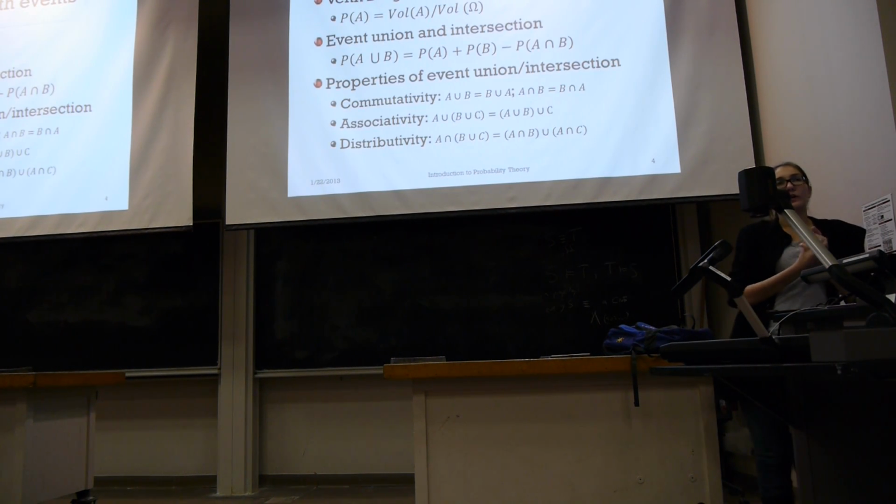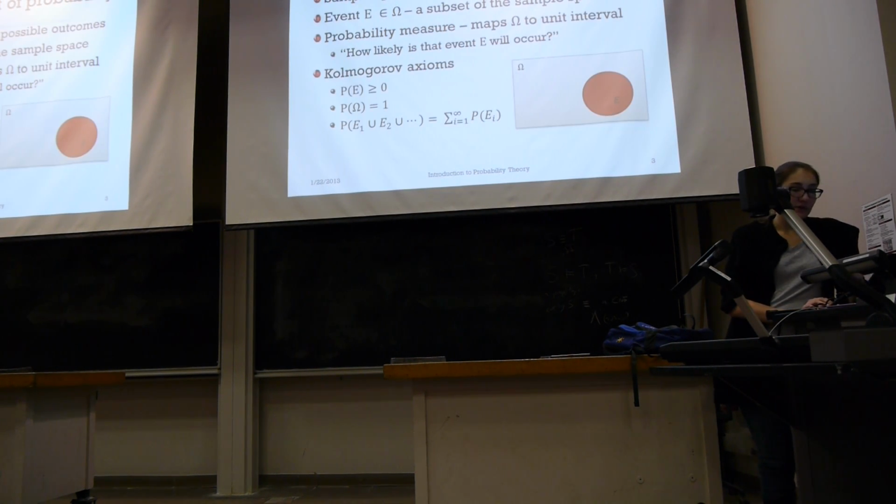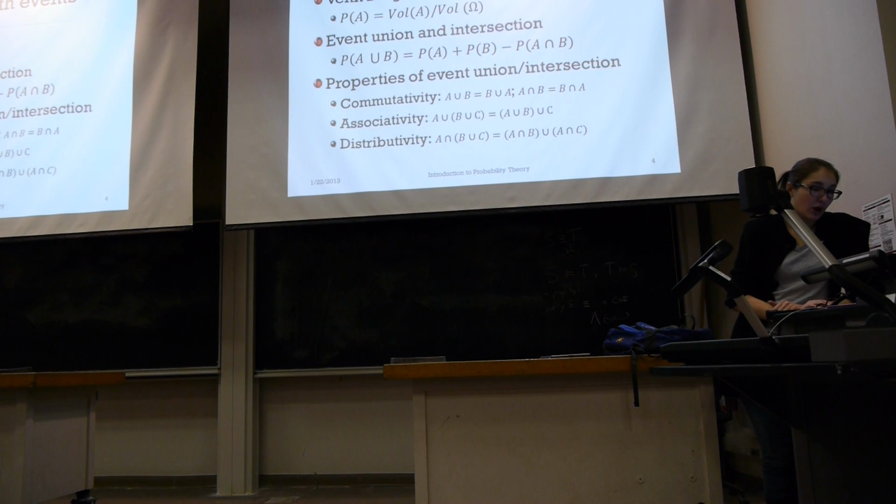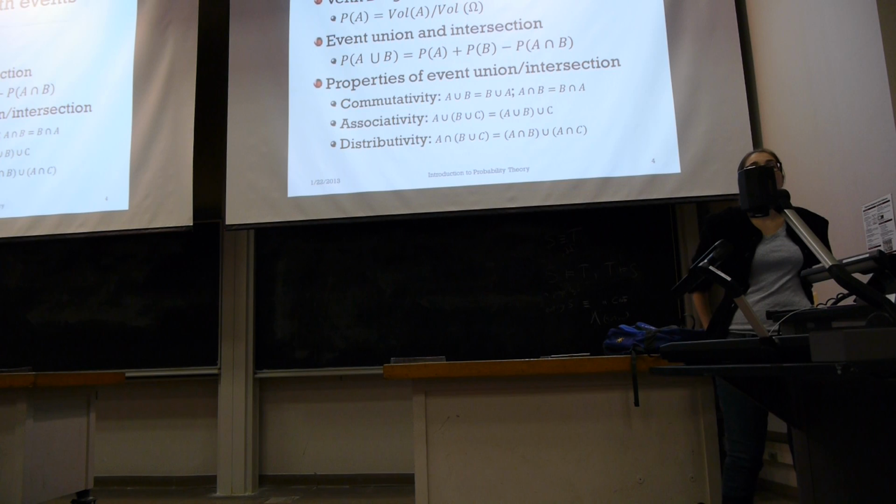So you were shown how to reason with events in terms of Venn diagrams. The probability of an event A is the volume of the representation of that event over the volume of the entire space. You are also given the formula for the event union and the intersection.